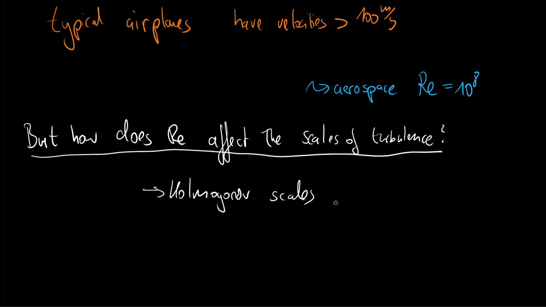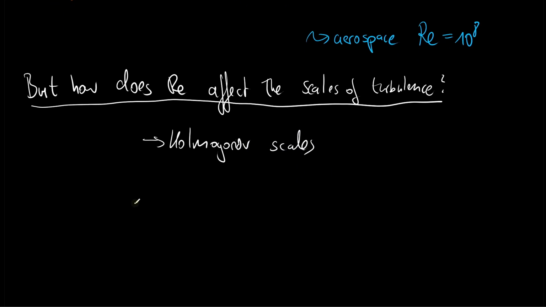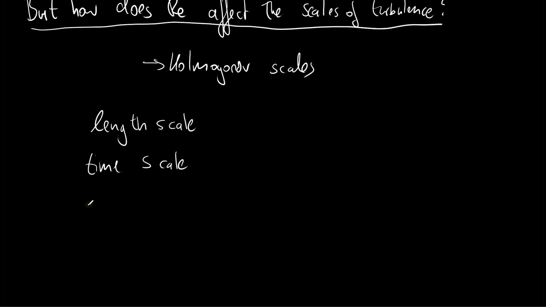And those can be simplified in the following way, so that we have a length scale, in other words the size of the smallest eddy. We have a time scale, in other words over which range of time the smallest eddies persist. And we have a velocity scale, which means how fast these eddies are moving or rotating.